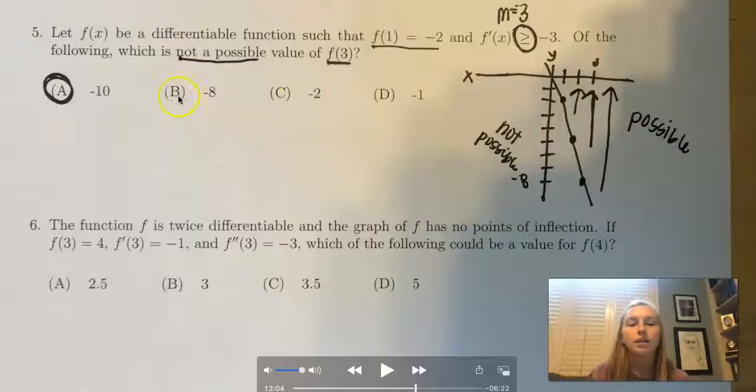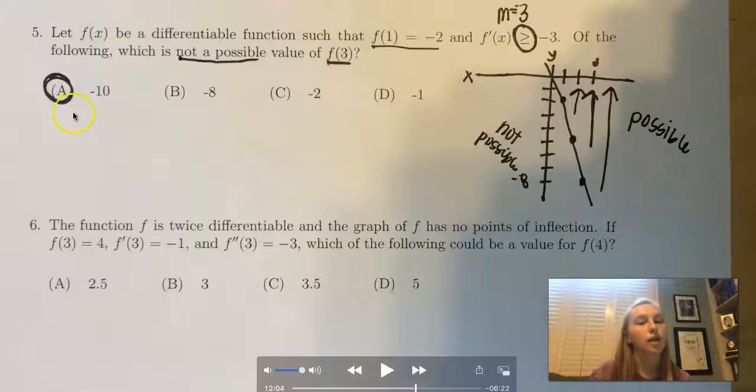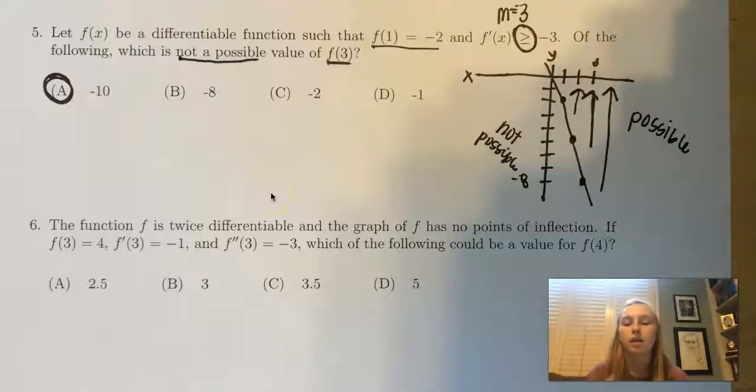So I always consider these 3 values, they're all the same. They're all on one side of the line, and this is the only one that's on the other side of the line. So even if you get confused on which side is possible and which side's not possible, there's always going to be the actual value, the slope point that you found, -8, and then there's going to be 2 that are either above it.